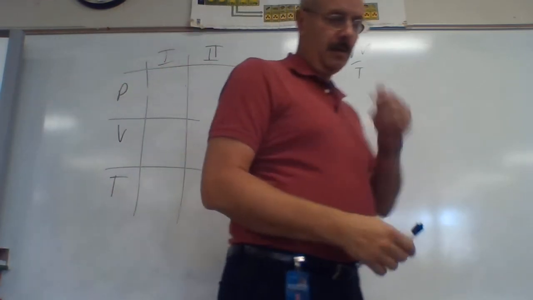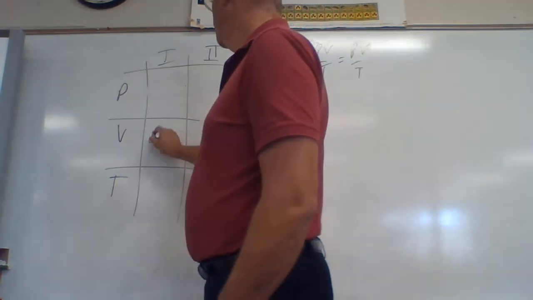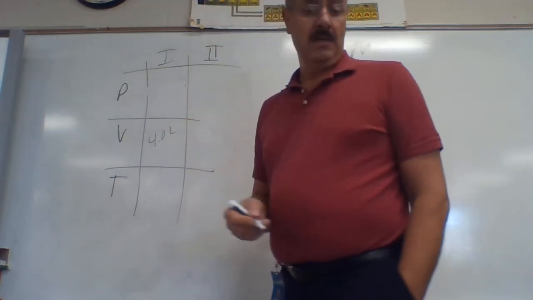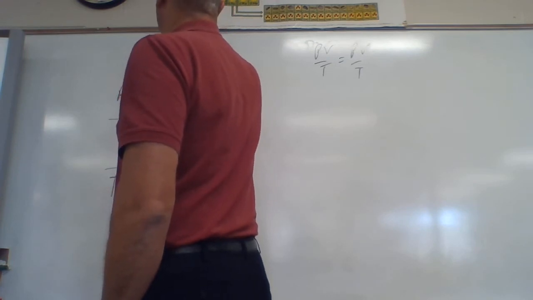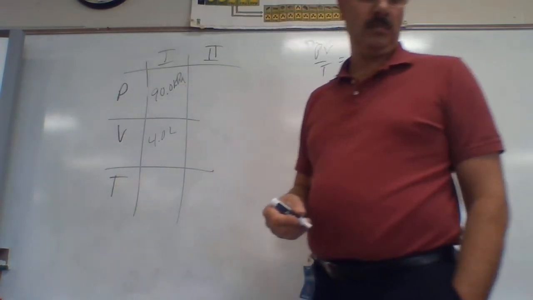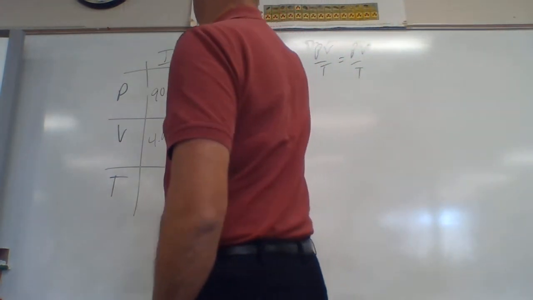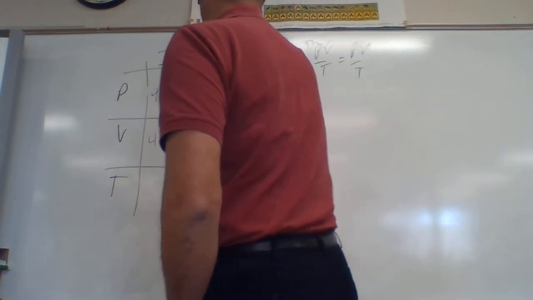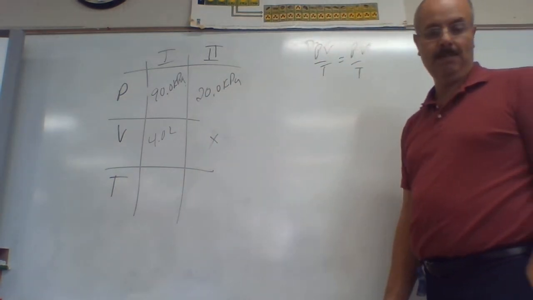All right, next one. A gas with a volume of 4 liters. So we got a volume of 4.0 liters at 90 kilopascals expands until the pressure drops to 20 kilopascals. We want to find out what's the new volume, given that the temperature stays the same.